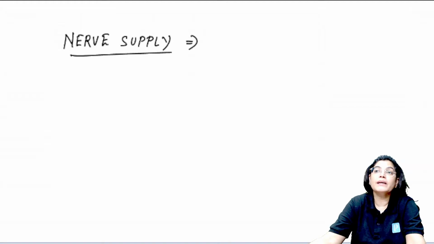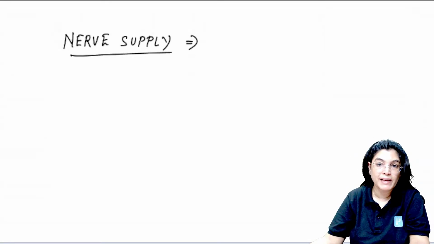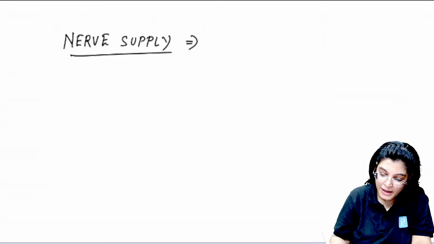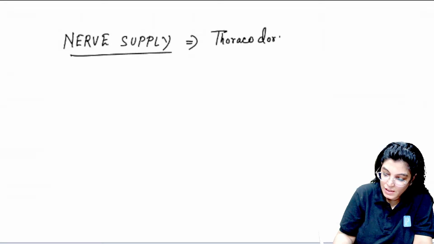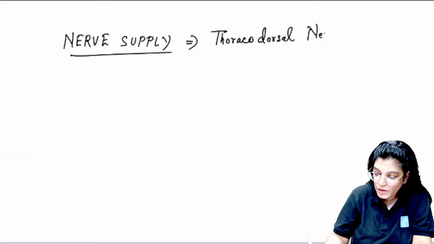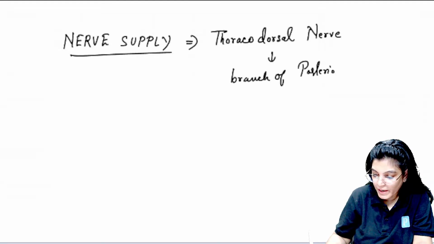The nerve to latissimus dorsi is called as thoracodorsal nerve, and it is a branch from posterior cord of brachial plexus.